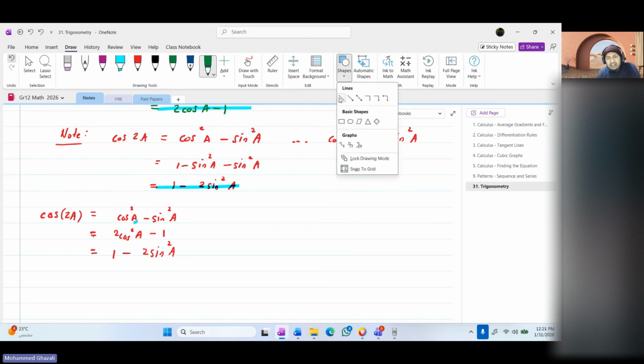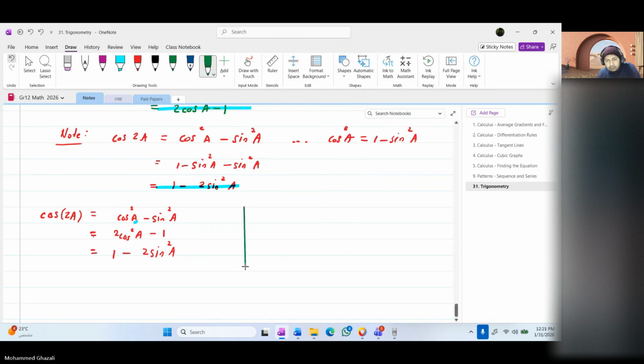So what's the double angle for sine? So we have sine double angle, which is sine A plus A. And that's easy because this is just sine A cos A plus cos A sine A. And both of them are identical.